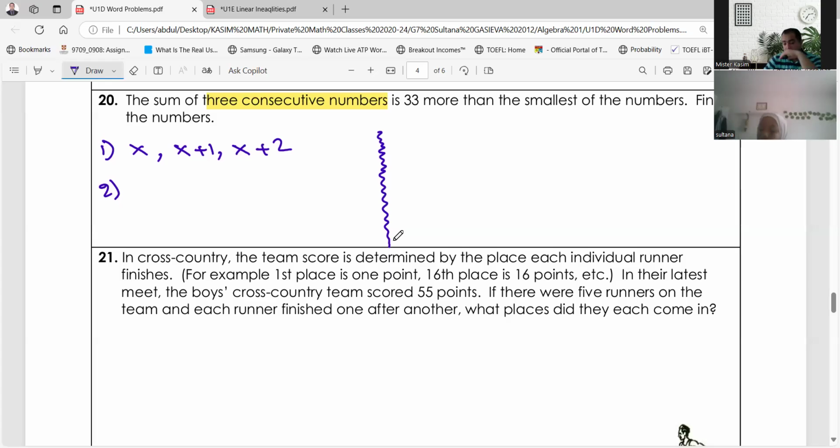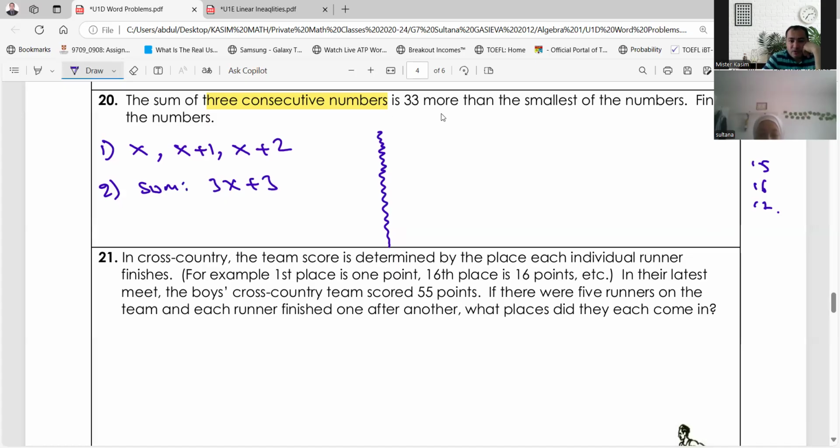15, 16, and 17. Okay, let's see. So what is the sum? The sum of these numbers is 3x plus 3, right? Now I'm going to write the equation.